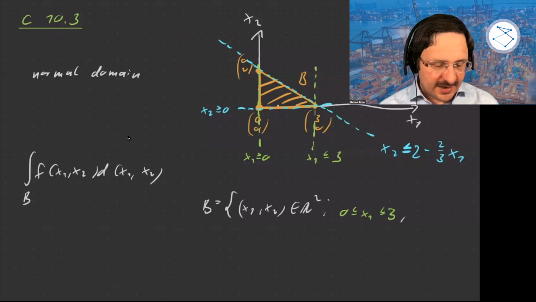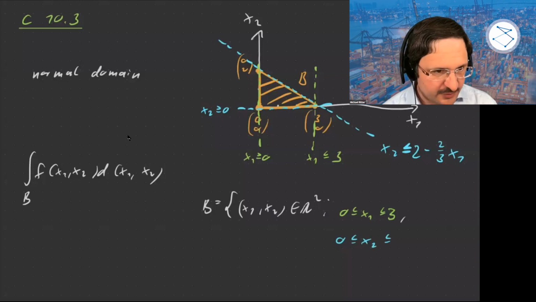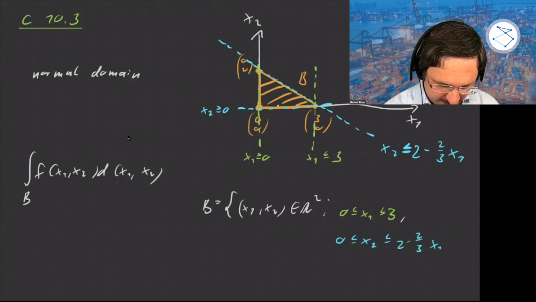And for x2, we get 0 is less or equal to x2 is less or equal to 2 minus 2/3 x1.